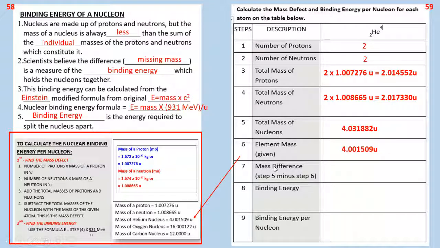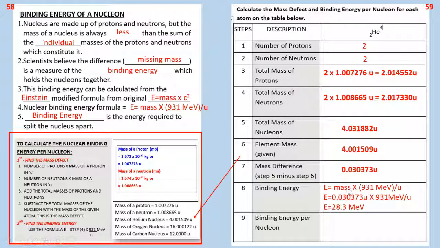Now when I calculate the mass difference, which means step 5 minus 6, the difference is 0.030373 u.